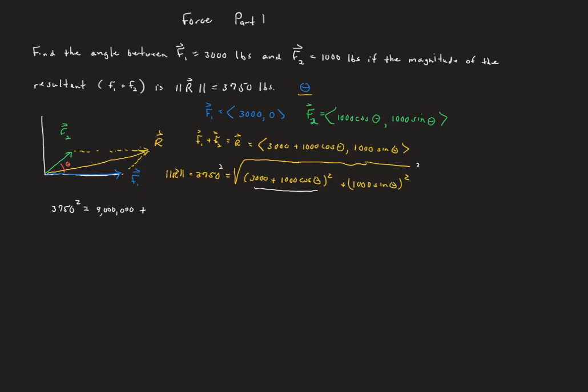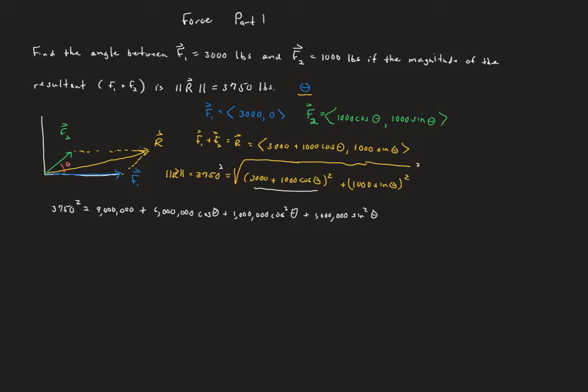Twice the product, 3,000 times 1,000 times 2, is 6 million cosine theta. Then plus the second term squared, 1,000 squared, which gives us a million cosine squared theta. Squaring the 1,000 sine theta gives another 1 million sine squared theta.